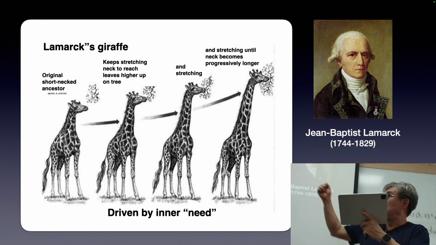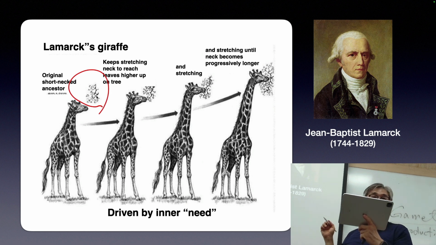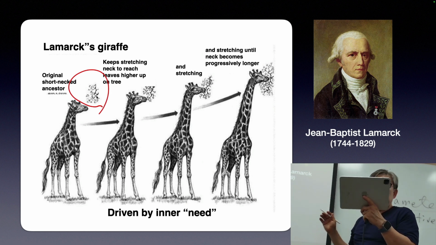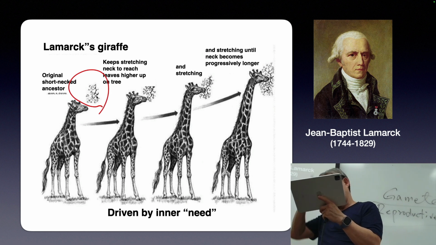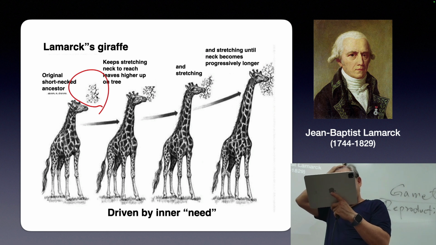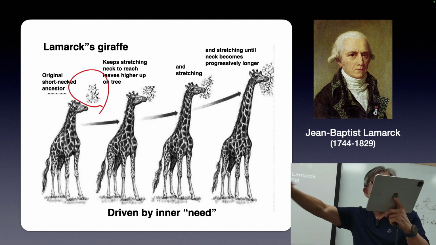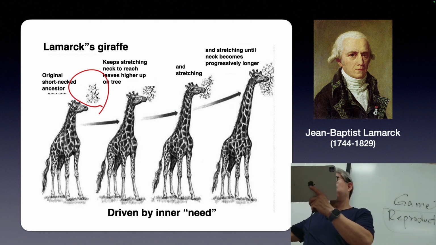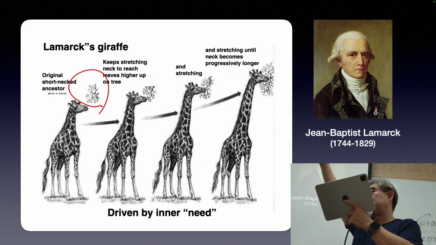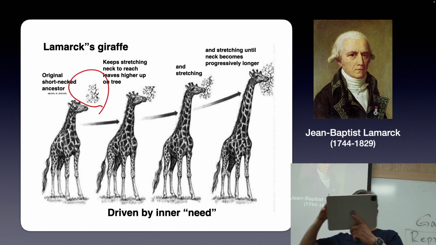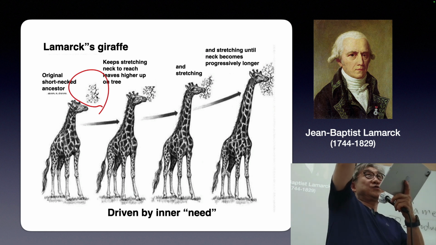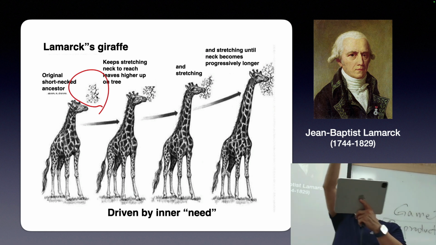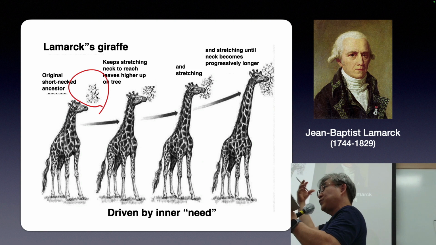It was because of the food source. For some reason, maybe climate change, all the food available at the lower level was gone. The only food available was on the treetop. So those who could reach the height were able to get this food.